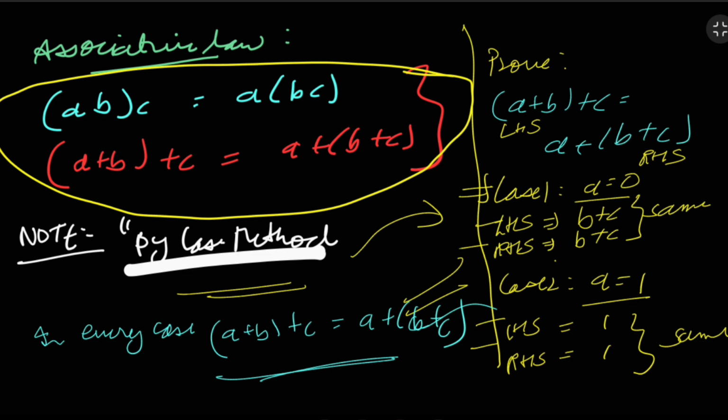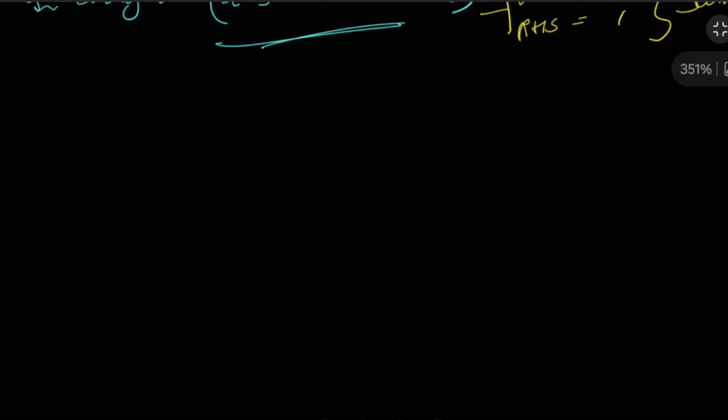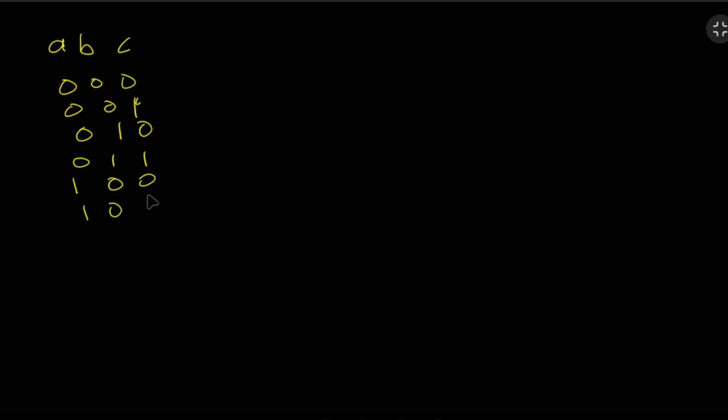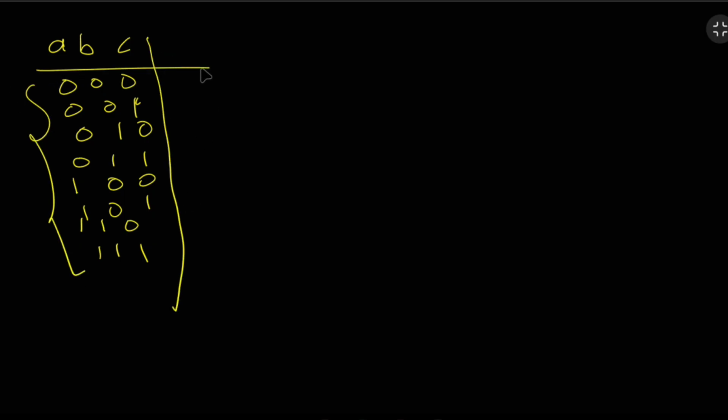This proof is more interesting because you don't waste your time on truth table, creating 8 rows and then truth table for both sides, LHS, RHS, and then for example you have three variables. Let's say another example. Now what are the combinations? What are these cases?